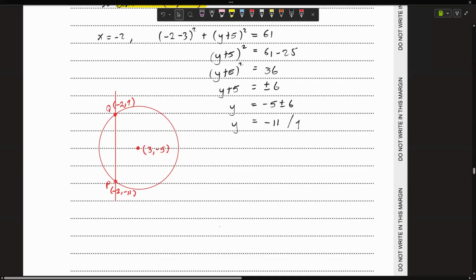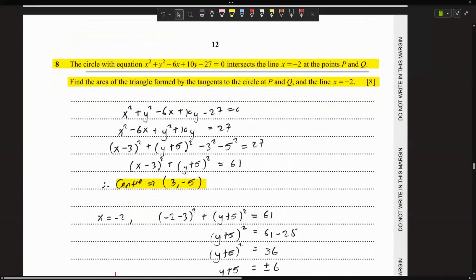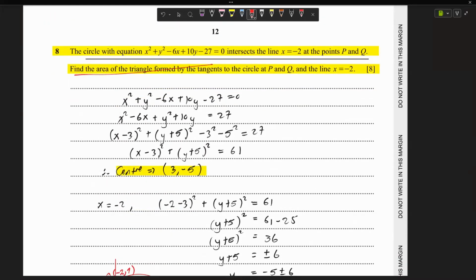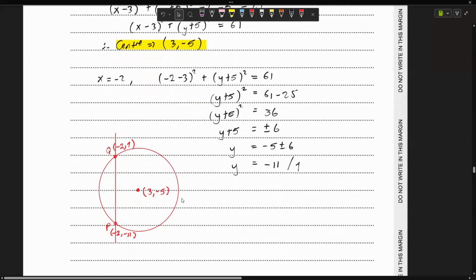Now, what does the question say? The question says we should find the area of the triangle formed by the tangents at P and Q and the line x equals negative 2. So the tangents would be like this. This can be the first tangent at Q. Making a sketch really makes things clear.